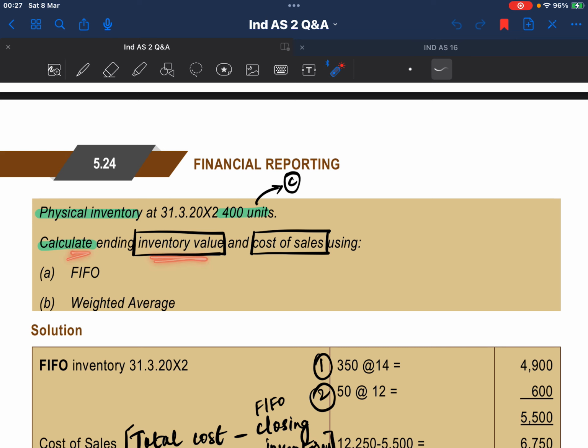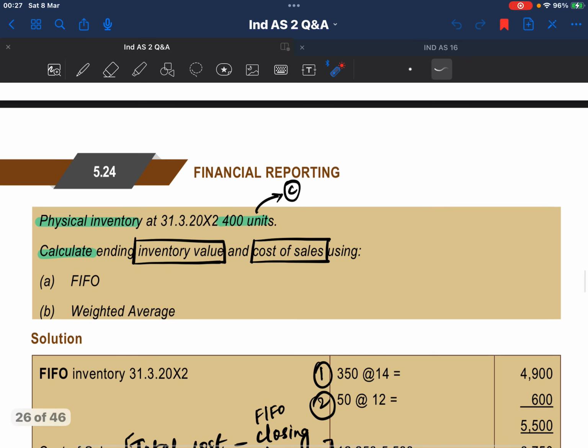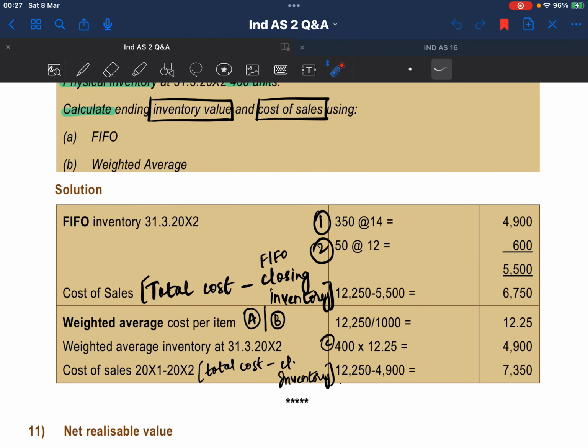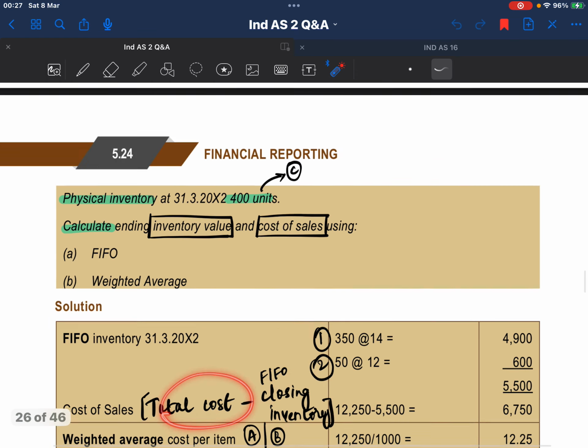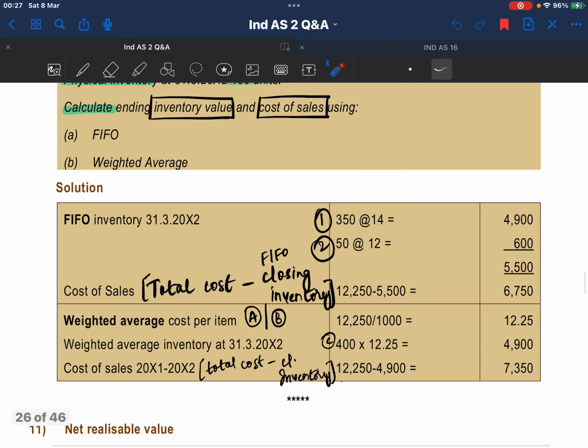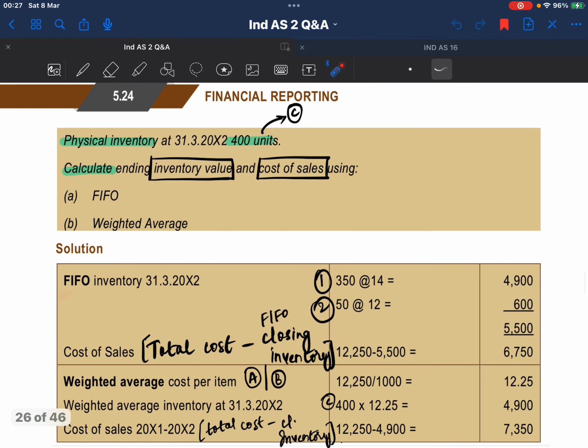Calculate inventory value and cost of sales using FIFO and weighted average method. In the FIFO method, the cost of sale is total cost minus closing inventory. We have the total cost, which is 12,250, and we need to calculate the closing inventory to deduct it from that. So closing inventory in the FIFO method is first in first out.